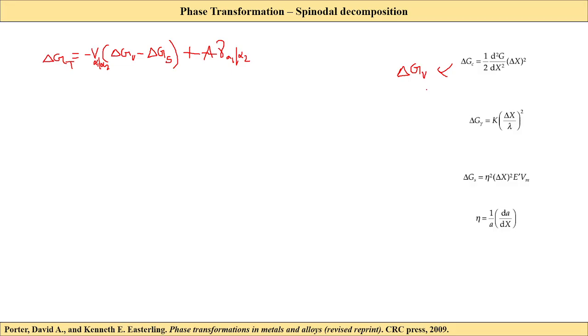What is the composition of alpha 1? So this is the composition difference: alpha 1 composition minus alpha 2 composition, or vice versa. You can take it as alpha 2, x2 minus x1. So the composition difference, alpha 1 minus alpha 2, or x1 minus x2, or x2 minus x1.